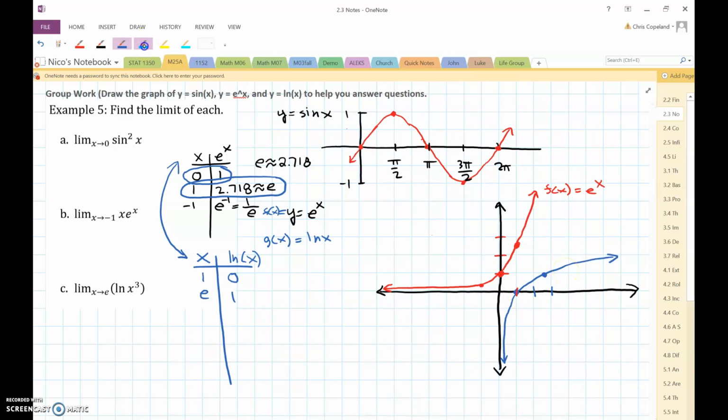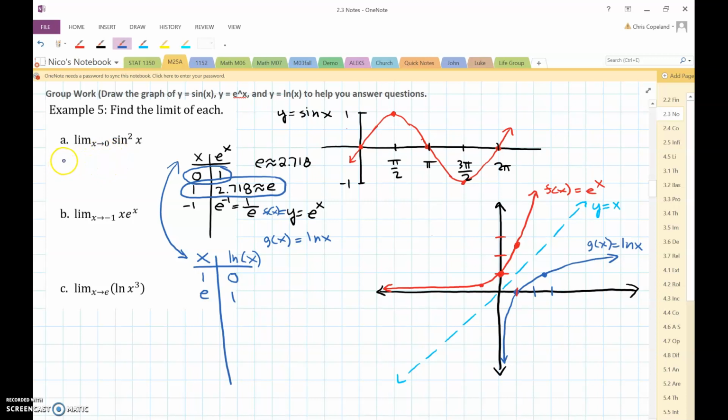Hopefully you can see the inverse relationship here, where these two functions reflect across the line y equals x. All right, so now let's use these graphs to figure out these answers.